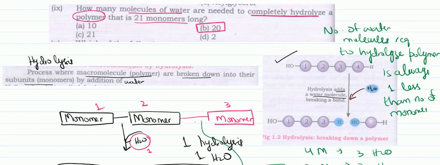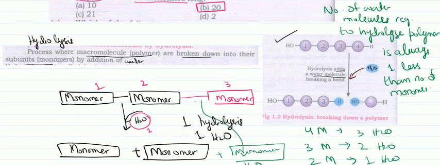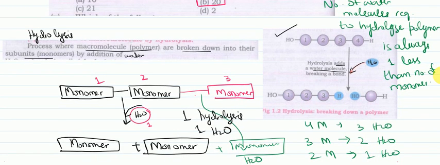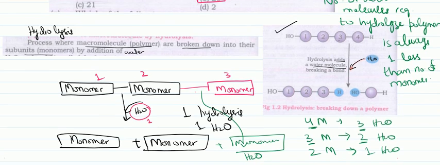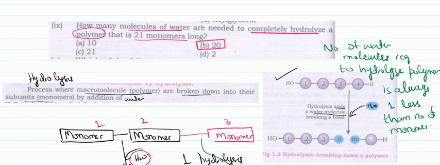It is a trick you can remember. Just like here, if monomers are 4, the number of water molecules is 3, always 1 less. If monomers are 3, the number of water molecules required to hydrolyze it is 2. If monomers are 21, then the number of water molecules required to hydrolyze it is 20, 1 less, right?